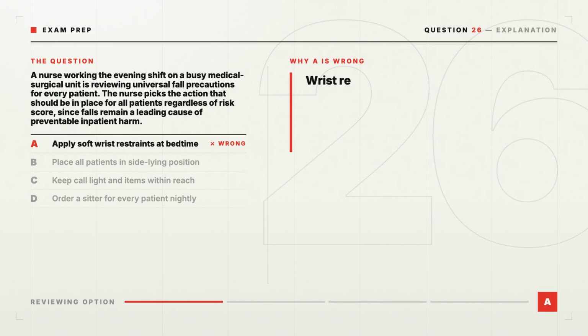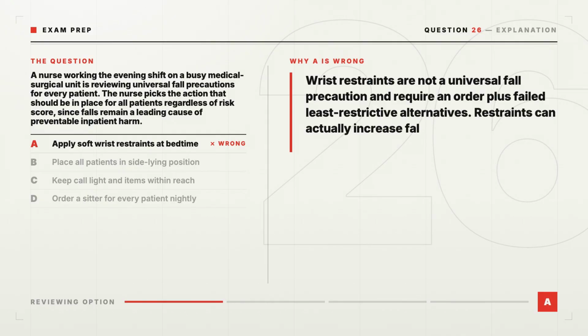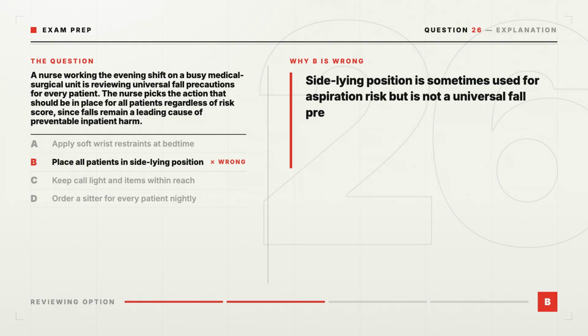A is wrong because wrist restraints are not a universal fall precaution and require an order plus failed least restrictive alternatives. Restraints can actually increase fall injury severity if a patient still attempts to move. B is wrong because side-lying position is sometimes used for aspiration risk, but is not a universal fall precaution.